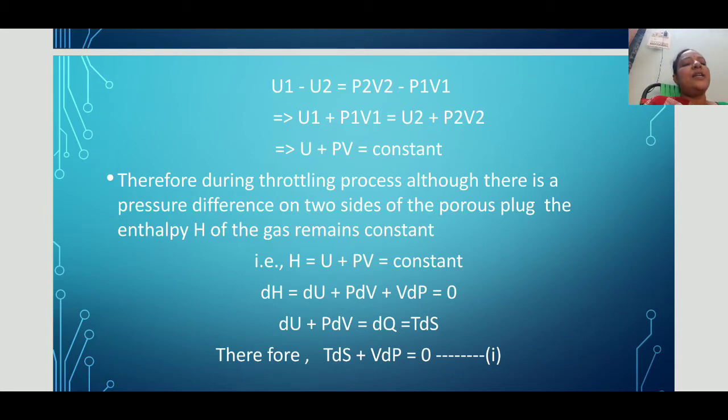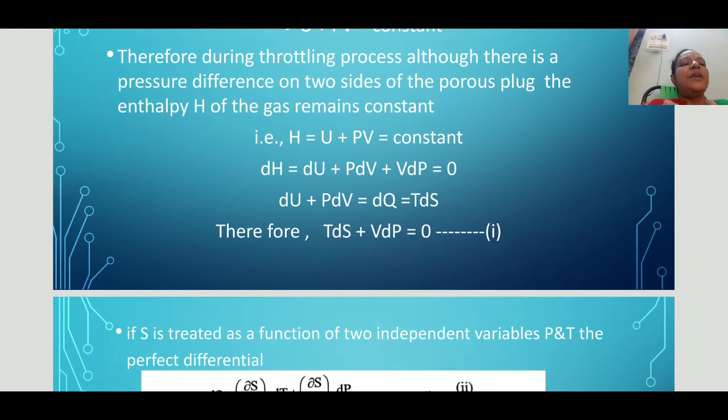And according to the second law of thermodynamics, dq must be equal to TdS, because we are converting the system into entropy terms. So for that purpose, in the above dH equation, just substitute TdS in place of dU plus PdV. So the equation becomes TdS plus VdP is equal to dH, because as H is constant, the change in enthalpy is also 0. So that means TdS plus VdP must be equal to 0.